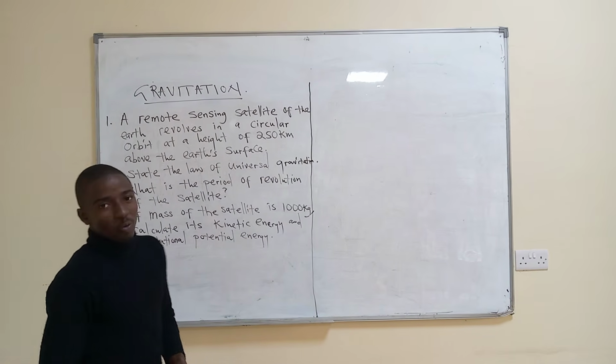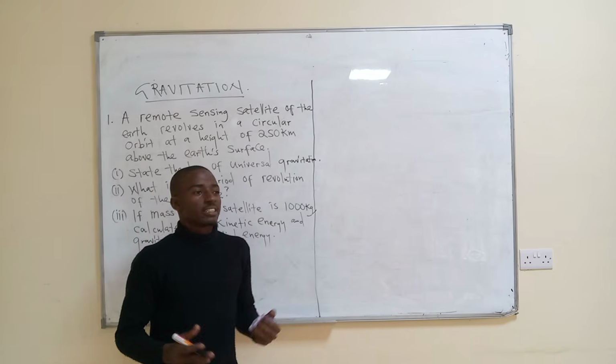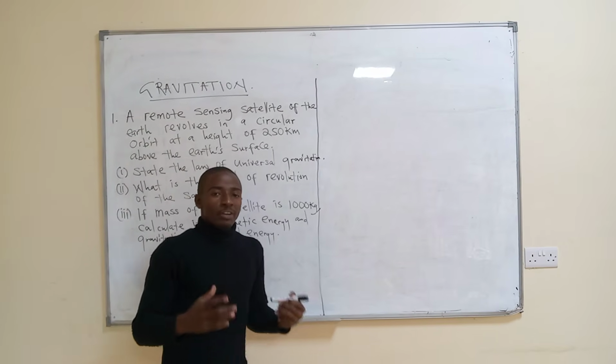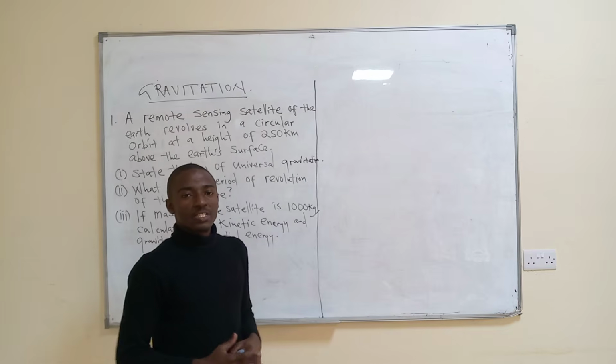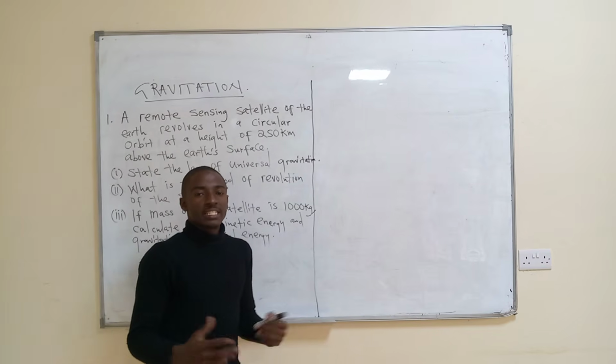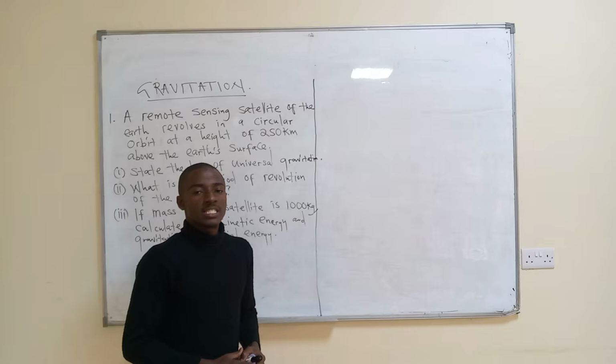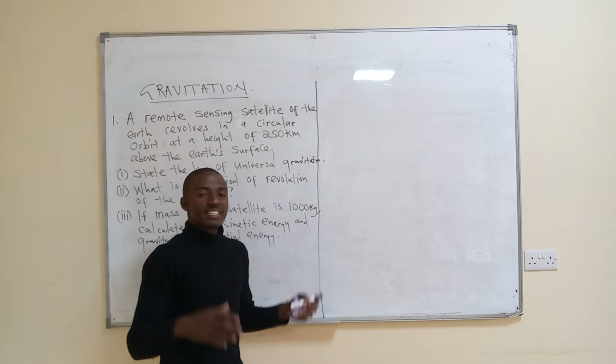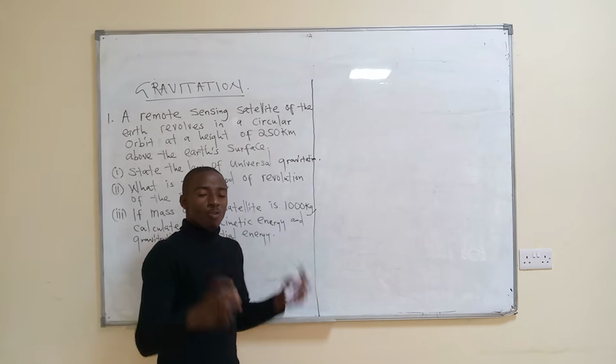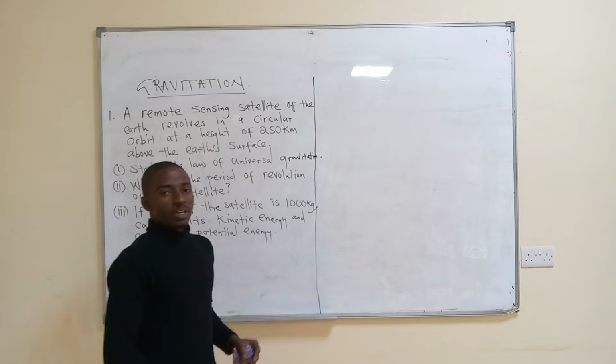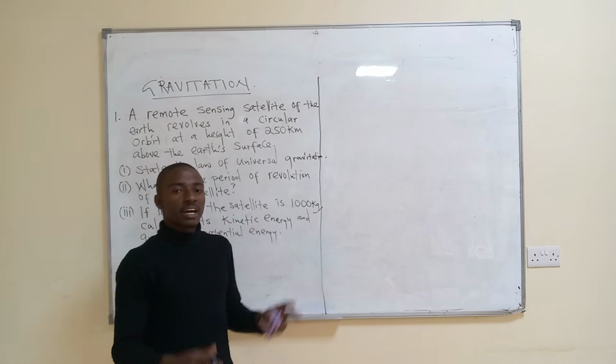Gravitation. What you have to bear in mind is that gravitation will only focus on the forces of attraction exerted on the bodies in the universe, but specifically we are going to focus on solving questions that come under gravitation.